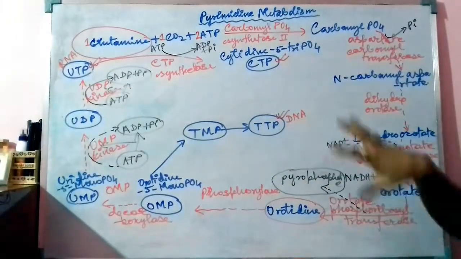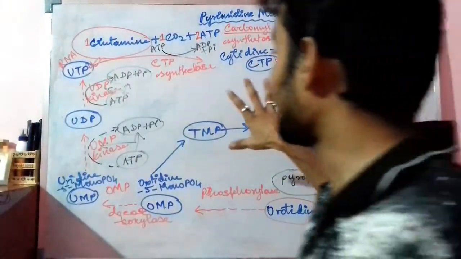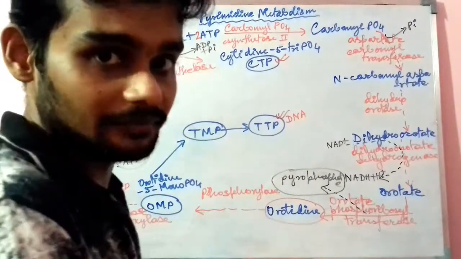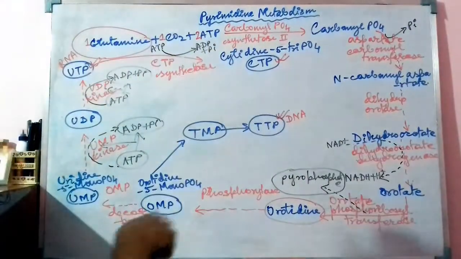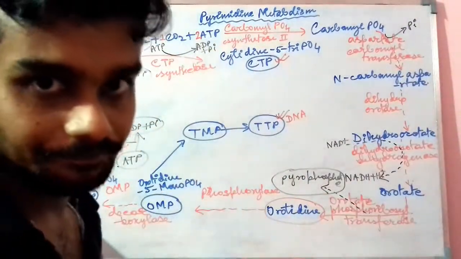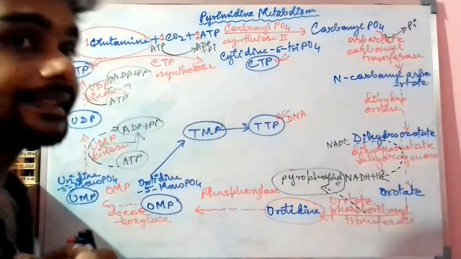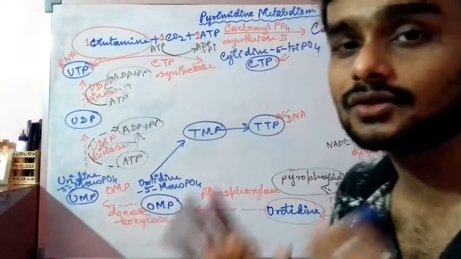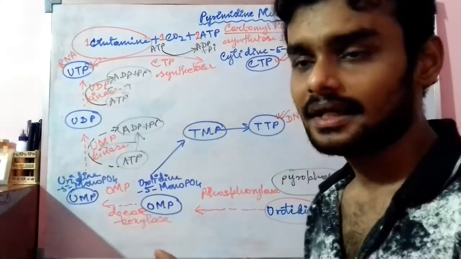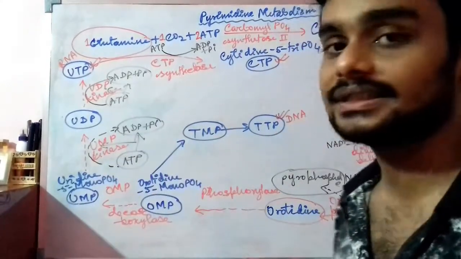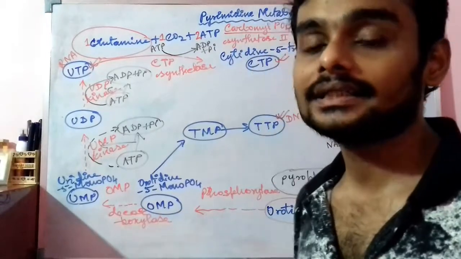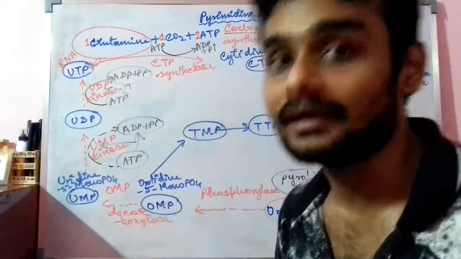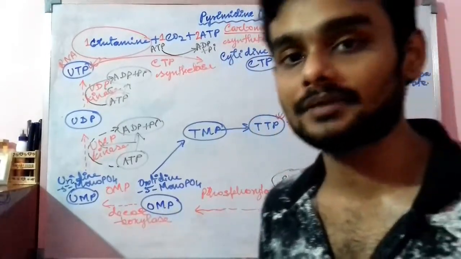So this is what the de novo pathway of pyrimidine metabolism is, and in the previous video I have shown that purine metabolism is also in the de novo pathway. All of those huge conversions take place by lowering the activation energy, along with the energy granted by the conversion of ATP to ADP plus Pi.